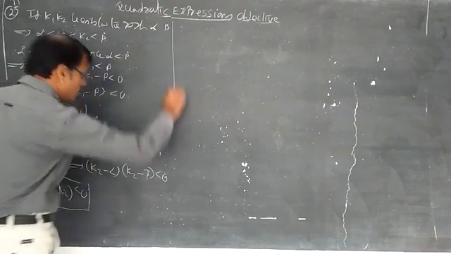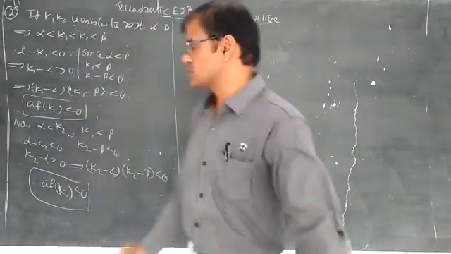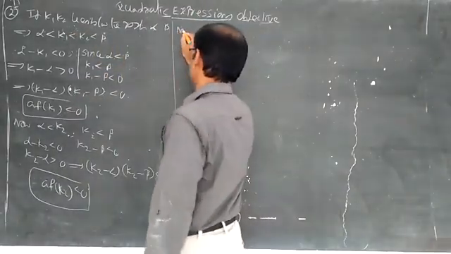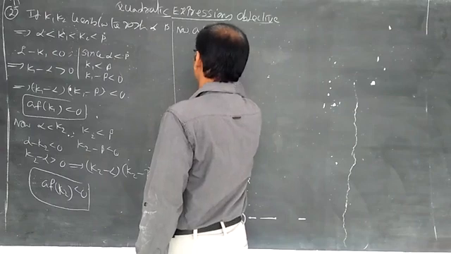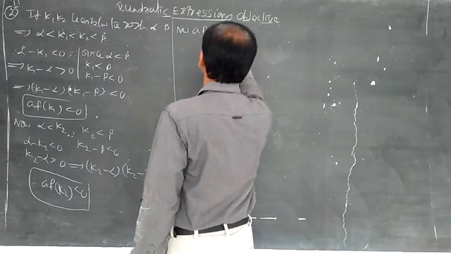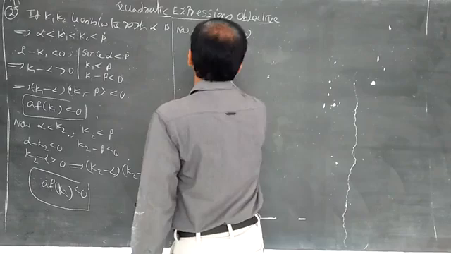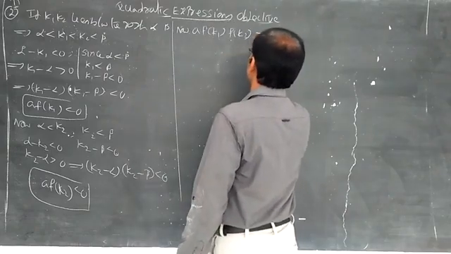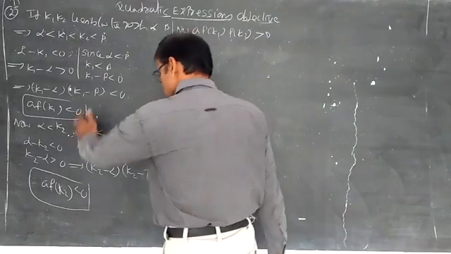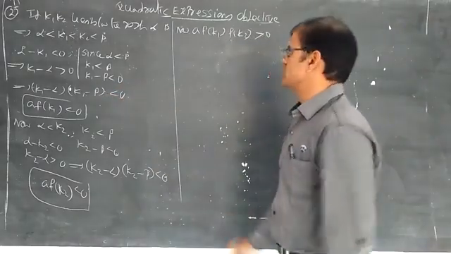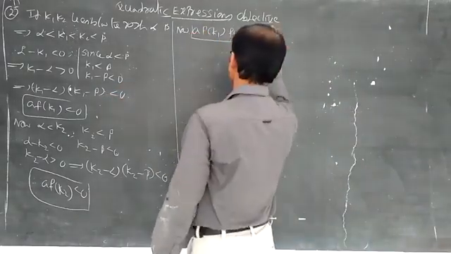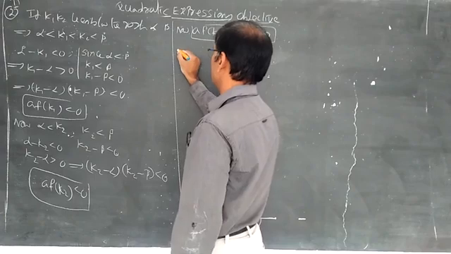Now, if you multiply both equations, using the wavy curve, I am discussing it: a into f of k1 into f of k2 greater than 0, because here we have the simple minus into minus concept. Now, let us draw the graph.